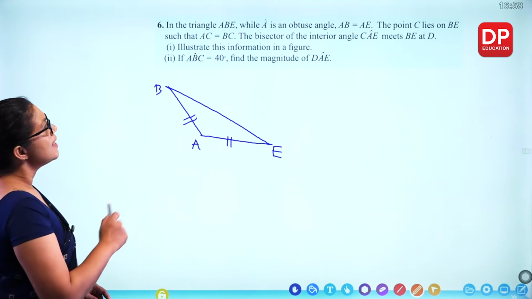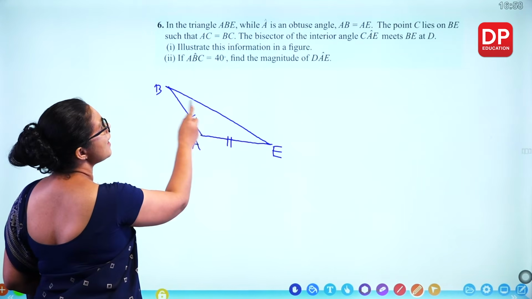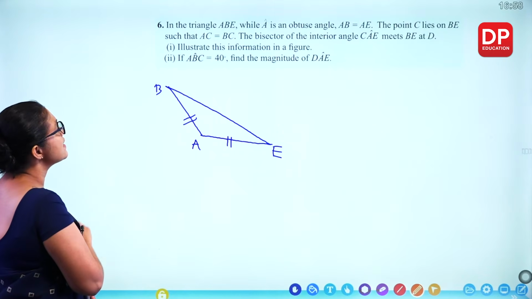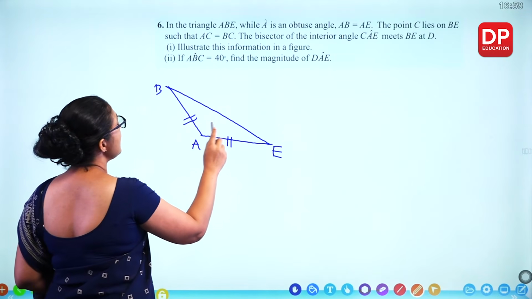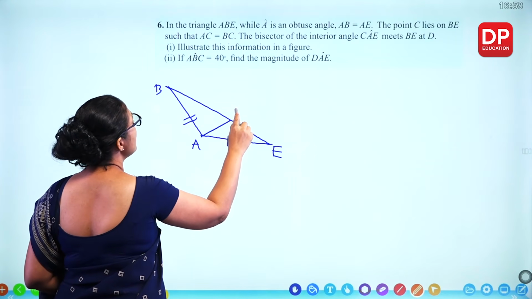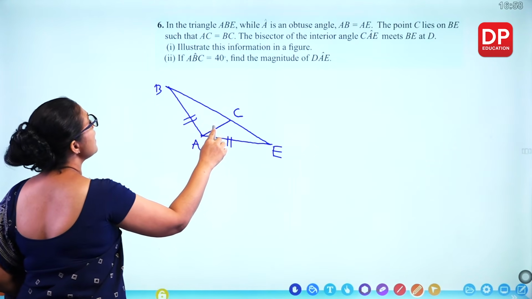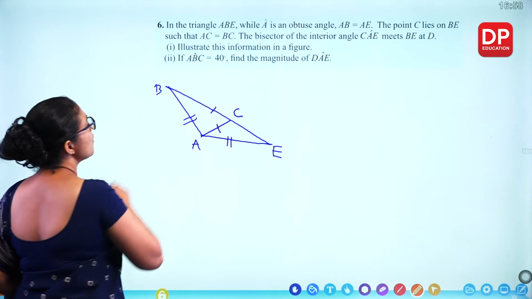Now it says the point C lies on BE, that means on this line, such that AC and BC both are equal. So here I'll put somewhere here AC and BC. So these two lengths are equal.